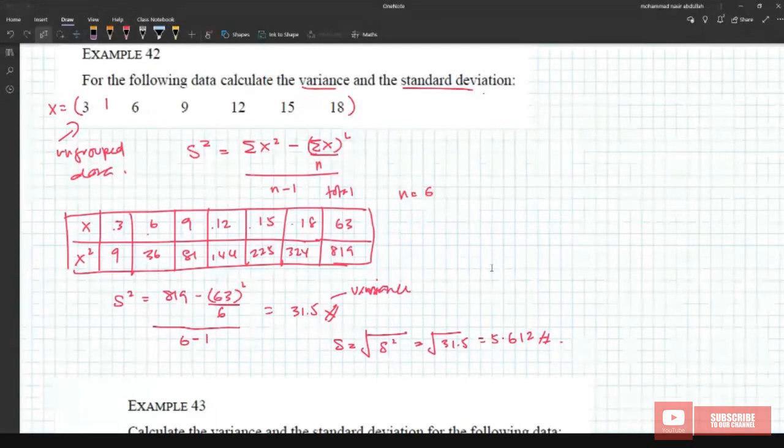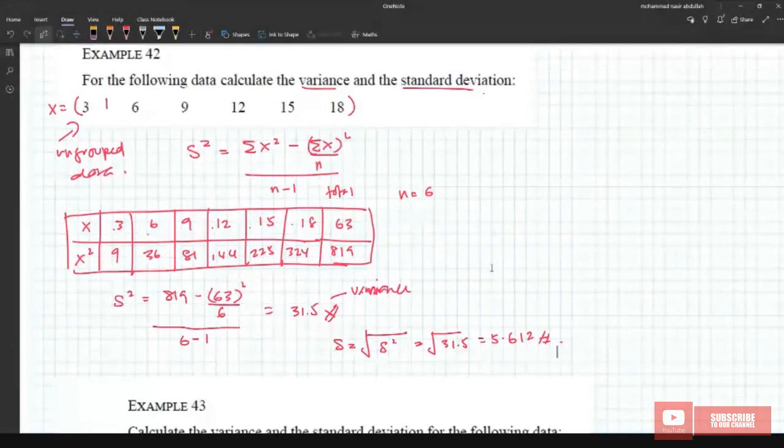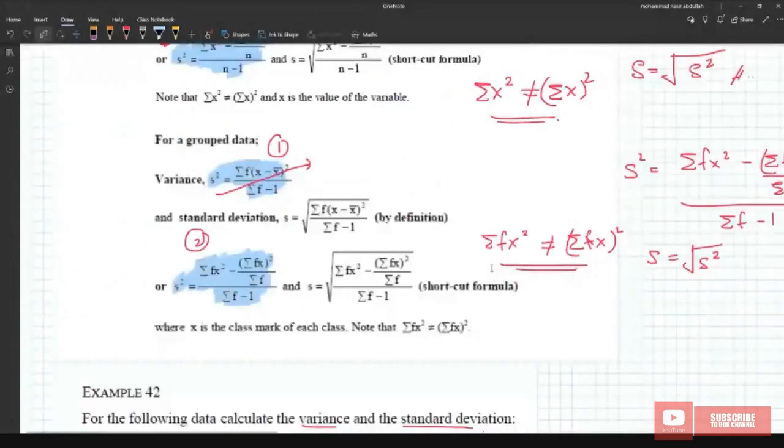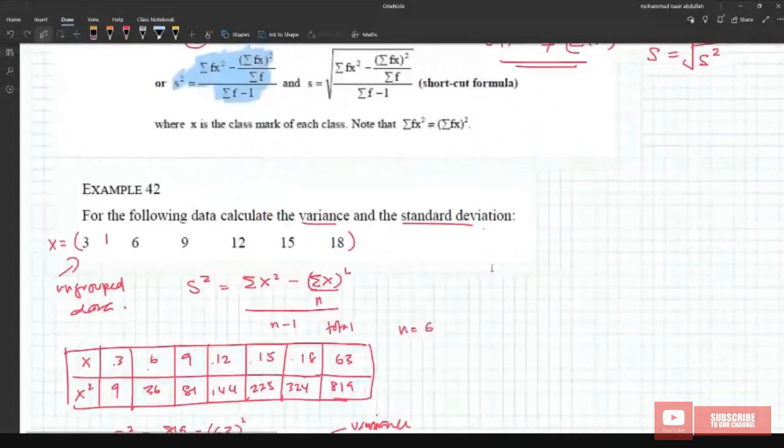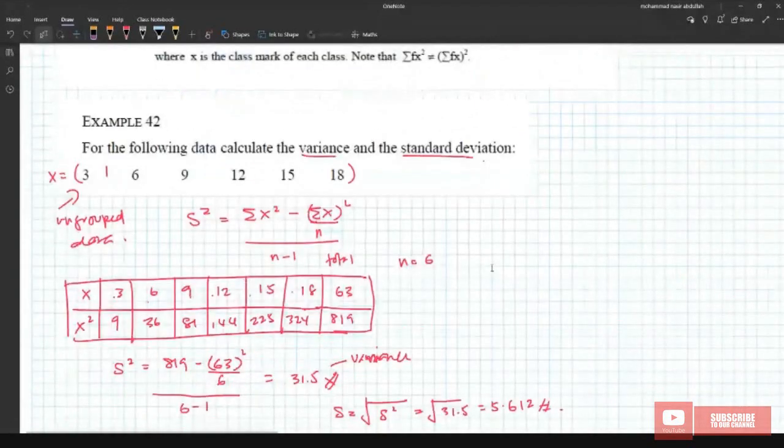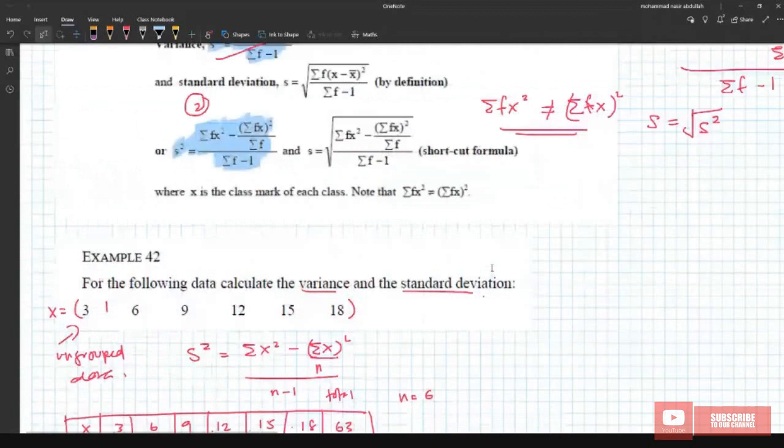We also know how to find the interquartile range, which is quartile 3 minus quartile 1, and the quartile deviation, which is the interquartile range divided by 2. And we learned a bit about the sample variance and sample standard deviation for ungrouped data. We just learned the formula.